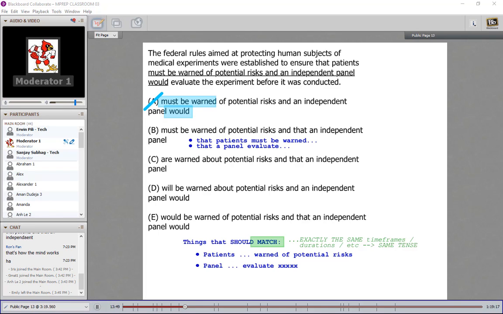Those don't match. One of those is actually wrong, which we'll talk about very briefly in a second. But if one of these is a must-be, then the other one's got to be a must-be as well. Smiley face if that makes sense. These don't match either.